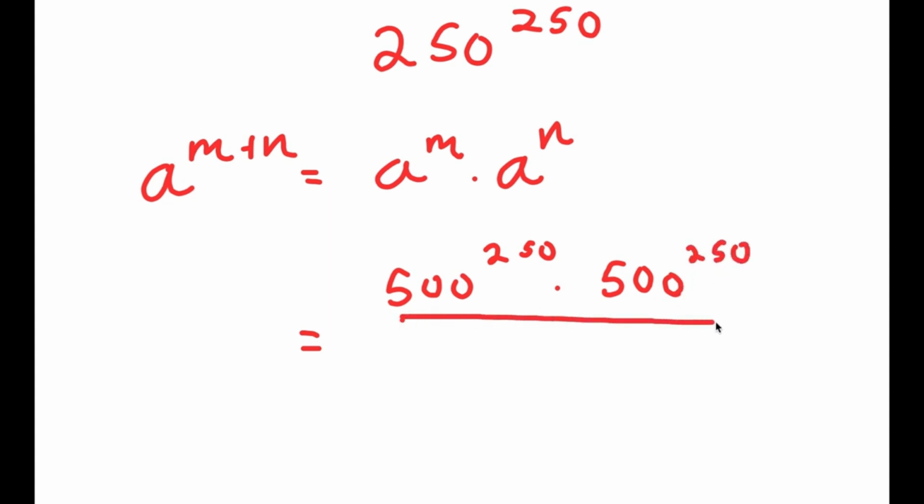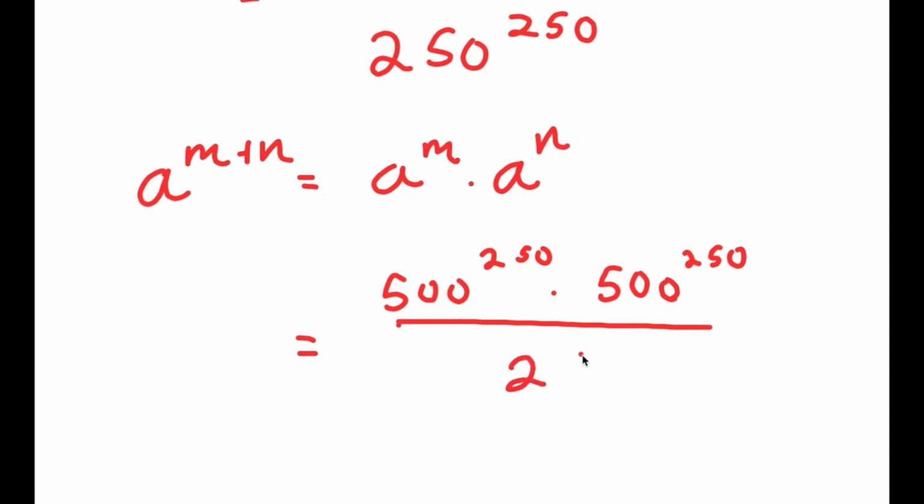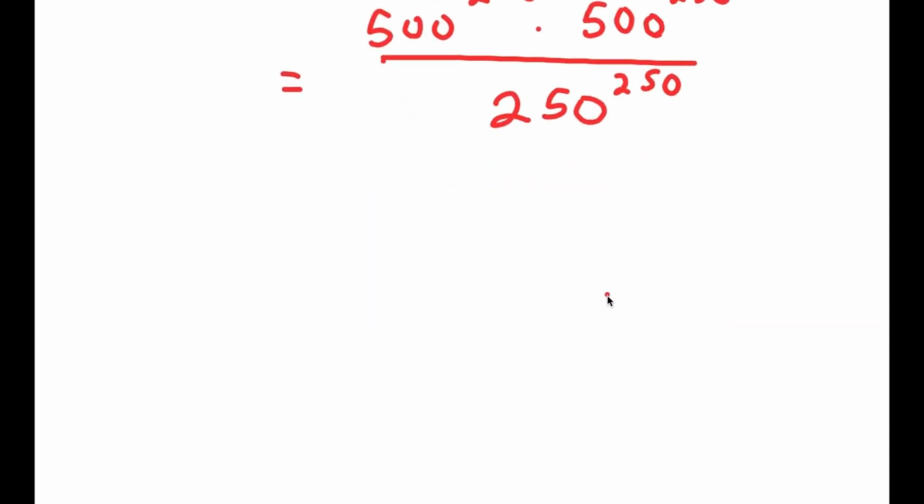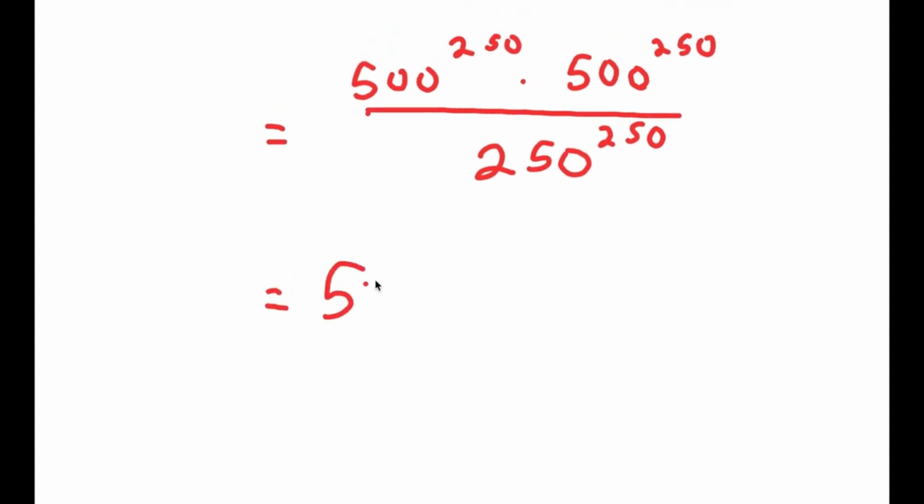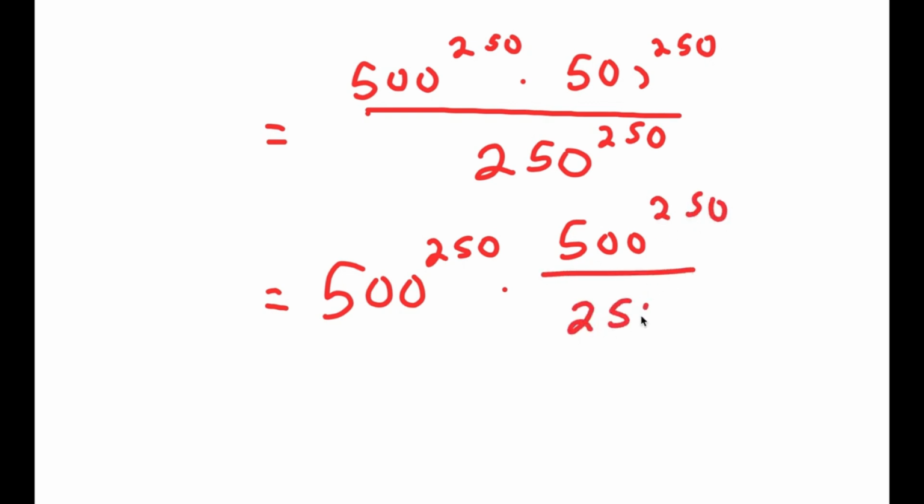And I have all of this over 250 to the power of 250. Now this is the same thing as 500 to the power of 250 times 500 to the power of 250 over 250 to the power of 250.